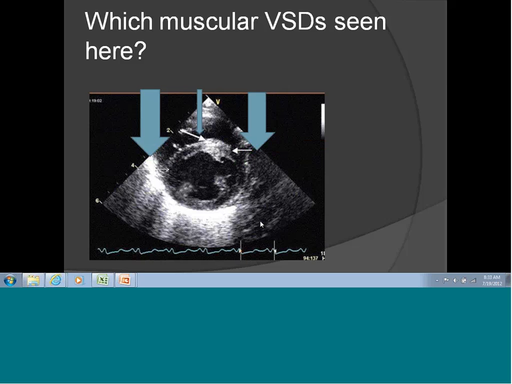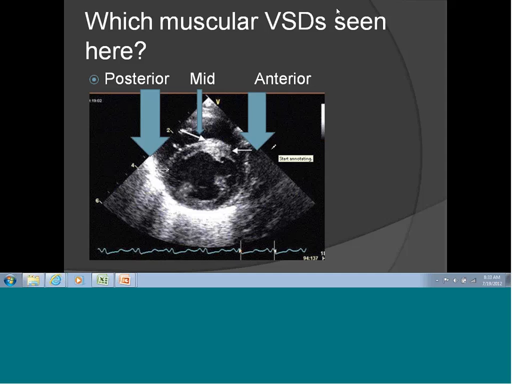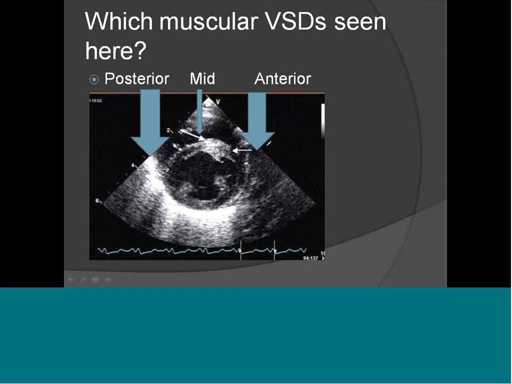This is a very important view not to miss, and that's why I put this in. You all know how to pick up membranous VSDs and so on. But this short axis of your muscular section is very good for picking up posterior, mid, and anterior VSDs. This one here is generally where your pulmonary valve will be somewhere here. So this shows you anterior muscular.